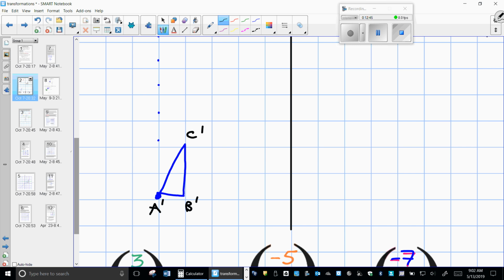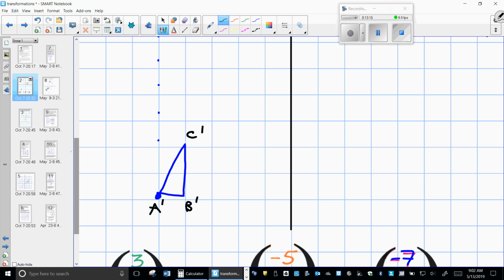So they'd have a little apostrophe to show that it's not the original, it's having had a transformation done to it. So we now have to establish what the coordinates for A dash would be. So have a look on your diagram. As I said, I didn't label all the axes. Count what the coordinates of A dash are.